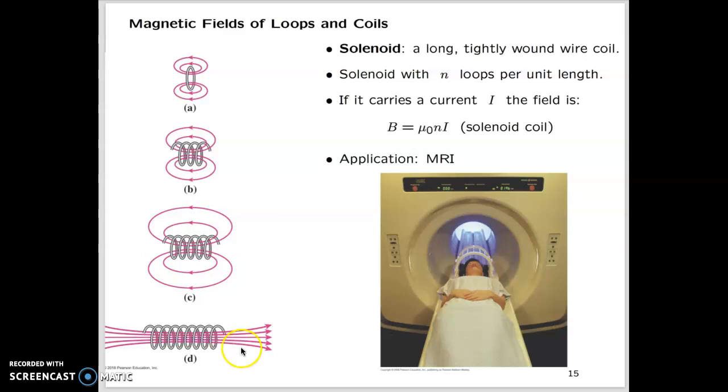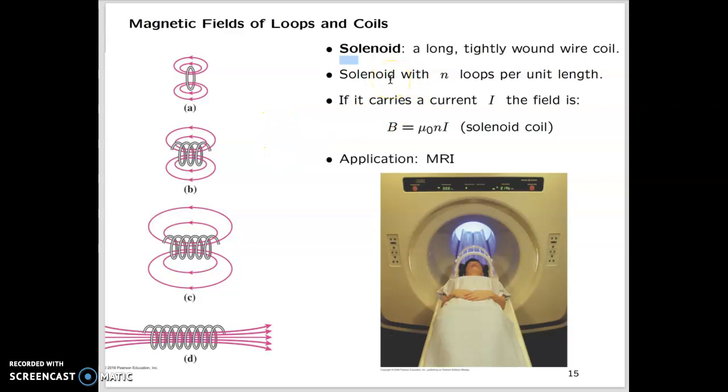Okay, so we're not going to go through a full analysis of the magnetic field for a helical current-carrying wire. And by the way, this is called a solenoid. Okay, a solenoid is a long, tightly wound wire coil that carries some current.